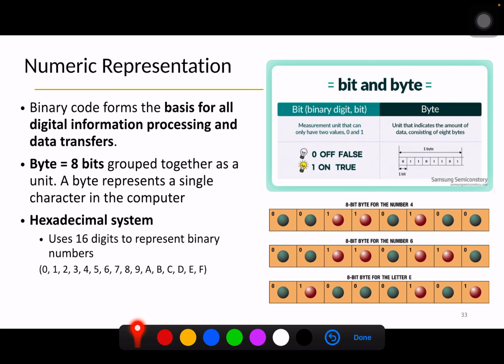The worst is 32 bits. Normally they use 64 bits now, so there are many more representations, meaning the use of digits for a group of data. The larger the number of bits, the larger the data that can be represented.